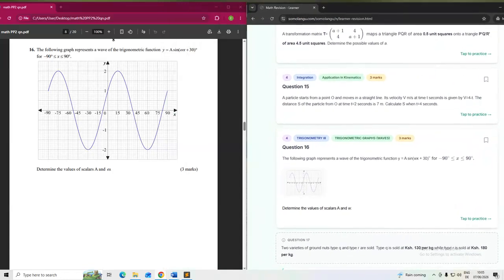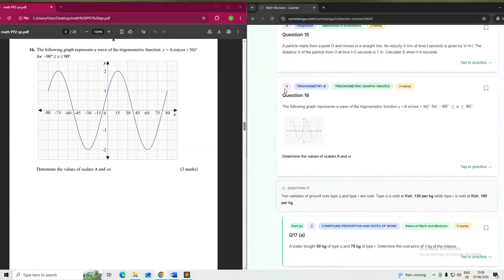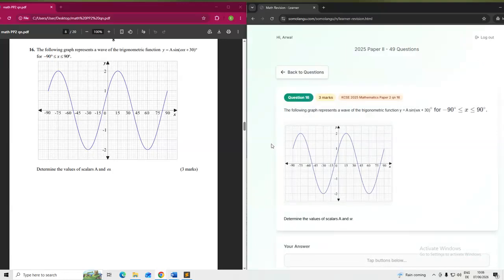We've been given a graph that represents the wave of the trigonometric function given here, for this inequality: x is greater than or equal to negative 90 degrees and less than or equal to 90 degrees. Determine the values of scalars a and w. According to Somolangu, this is a Form 4 topic, Trigonometry 3, and more specifically trigonometric graphs, waves, a 3 marks question.